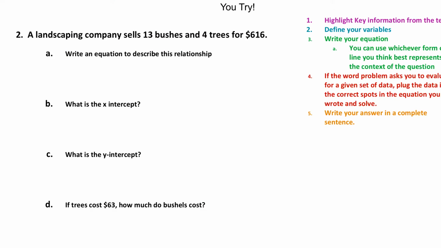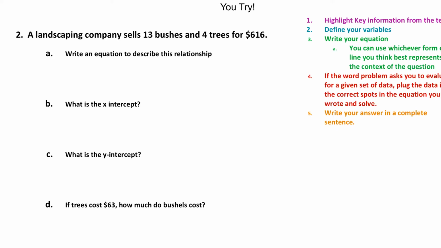So here's one that I would like you to try, where it says a landscaping company sells 13 bushes and 4 trees for $616. It asks you to write an equation to describe this relationship. What is the x-intercept? What is the y-intercept? And if a tree costs $63, how much do bushes cost?